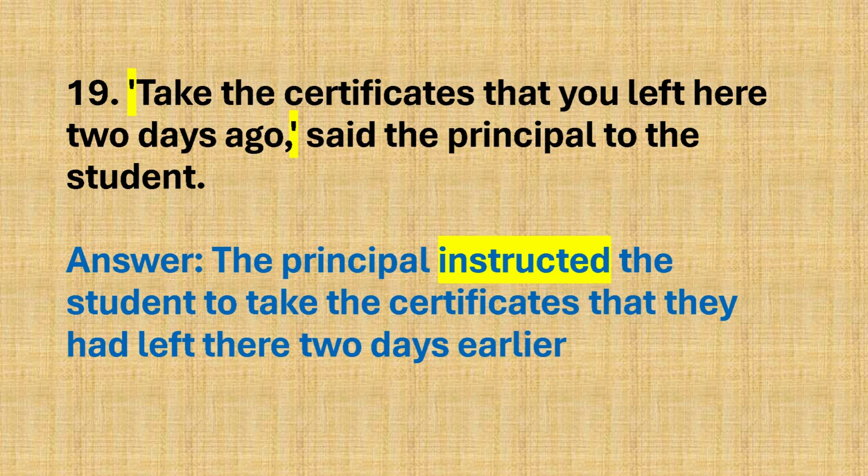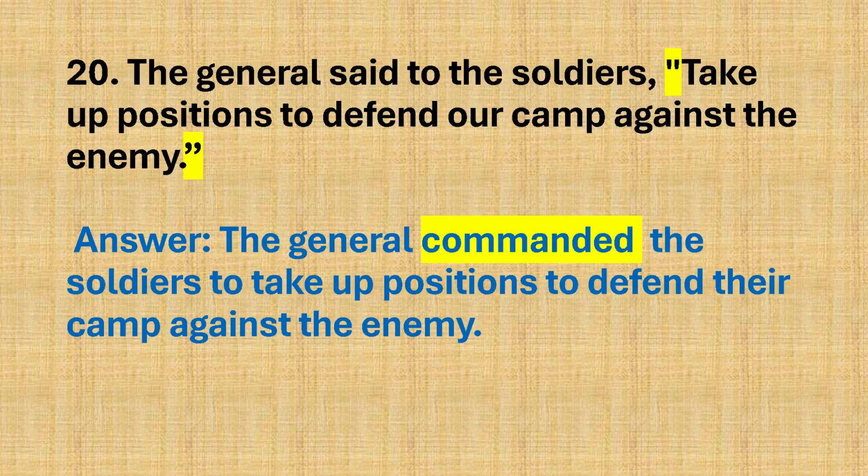About the tense shift: left, past simple, changes to had left, past perfect, to maintain the correct sequence of tenses. And here changes to there, and the time expression 2 days ago changes to 2 days earlier. Imperative structure change: the command take the certificates is converted into the infinitive phrase to take the certificates in indirect speech.